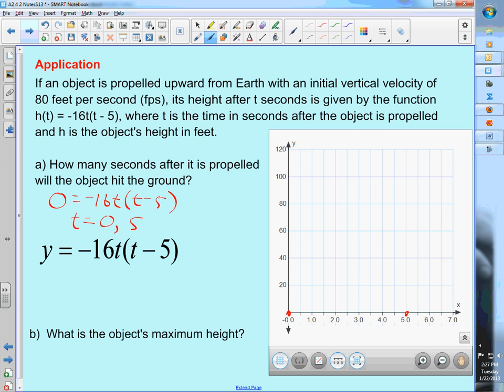Application problems are based in reality. Okay? If you throw an object, you can't have an answer of 2,549 seconds for it to hit the ground, unless you're Thor. You can't throw something that stays in the air for 2,000 seconds.